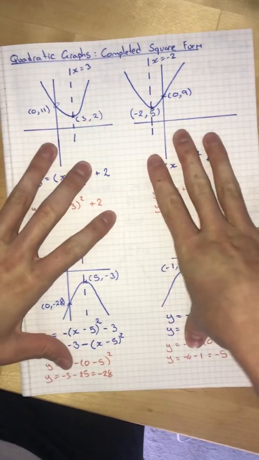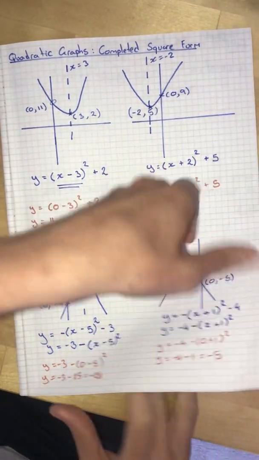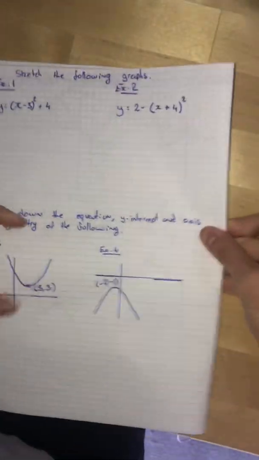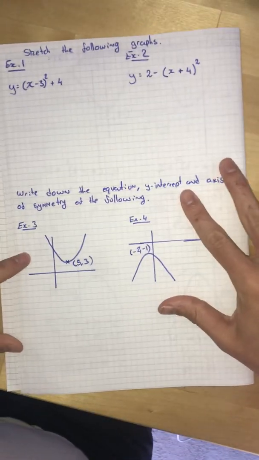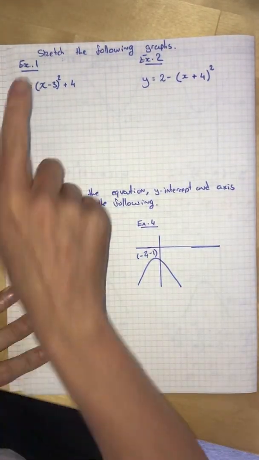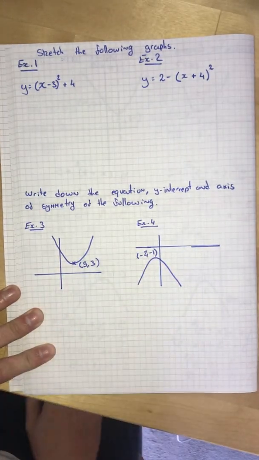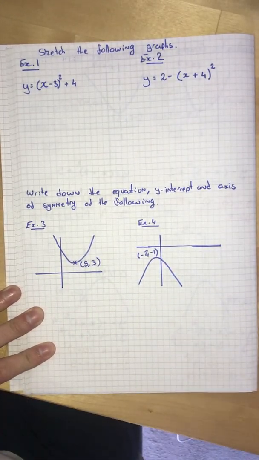So that's me just explaining it. So what I'm going to do is now have some questions. Okay, so if we turn it over. So, 2 questions where I'm going to have to sketch the graph, and then 2 questions where I'm going to have to do what we just did before.